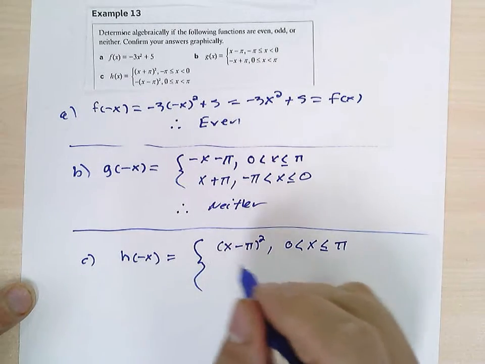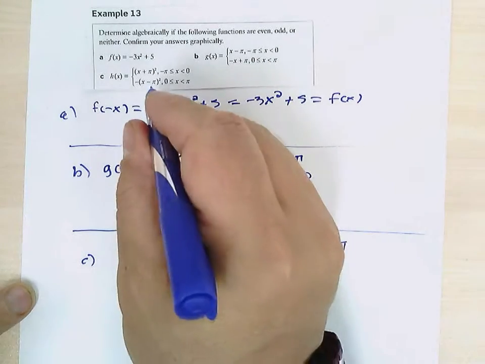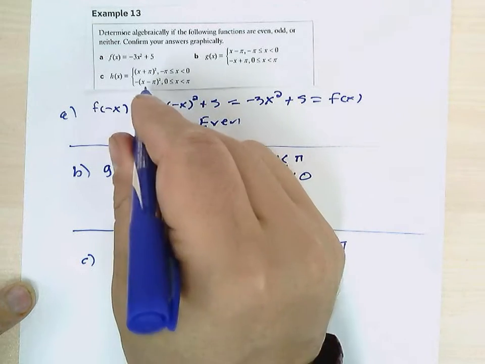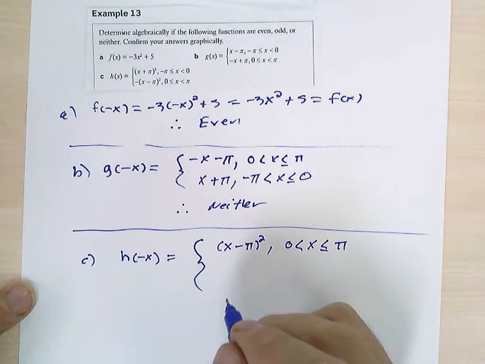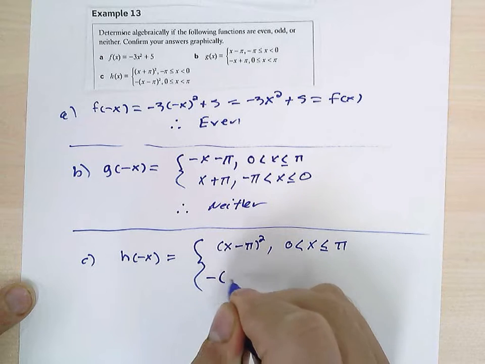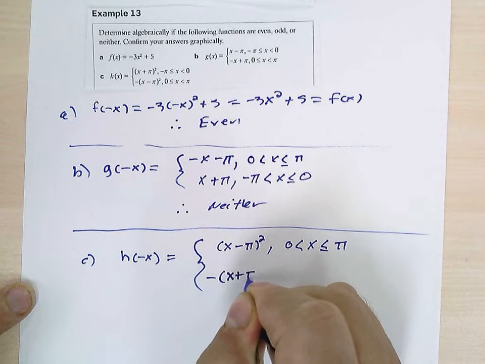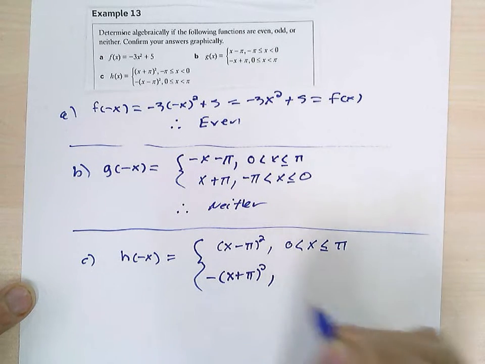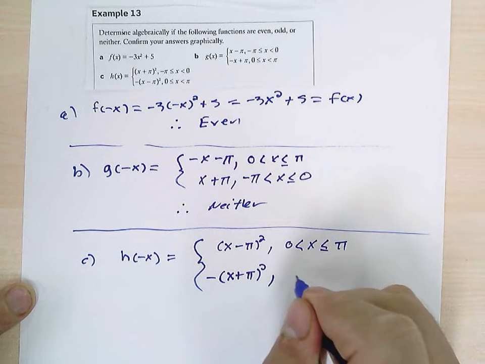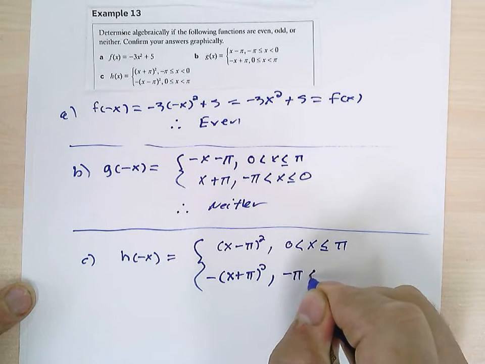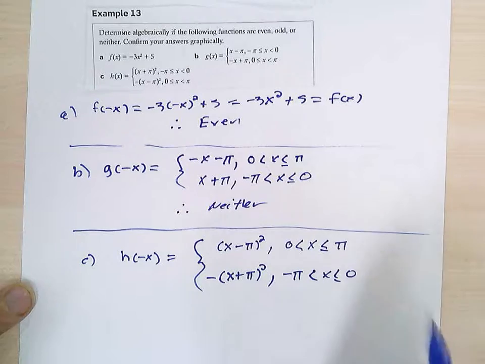And then when I plug negative into the other piece, I'm going to pull out the negative. The negative is going to stay there, but I'm going to have x plus pi squared for negative pi less than x less than or equal to 0.